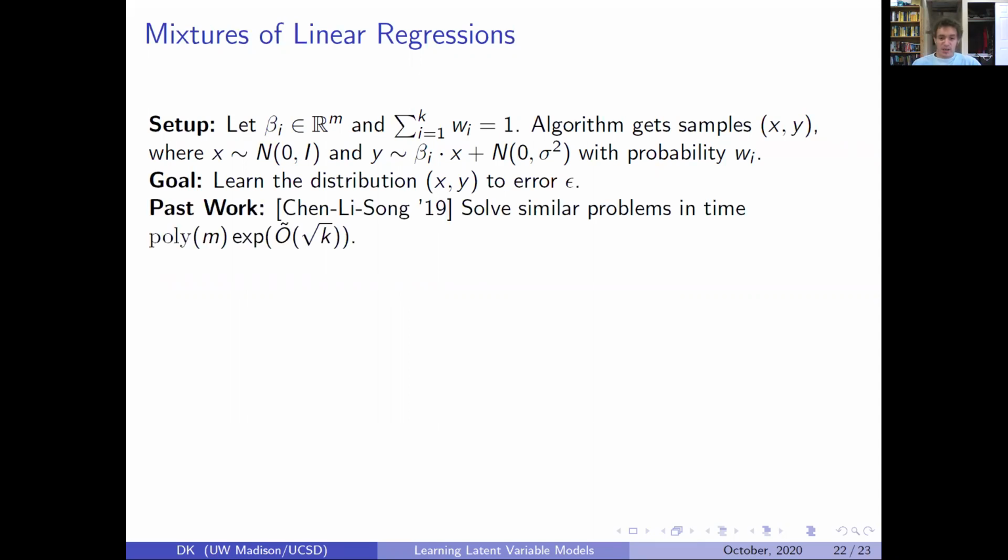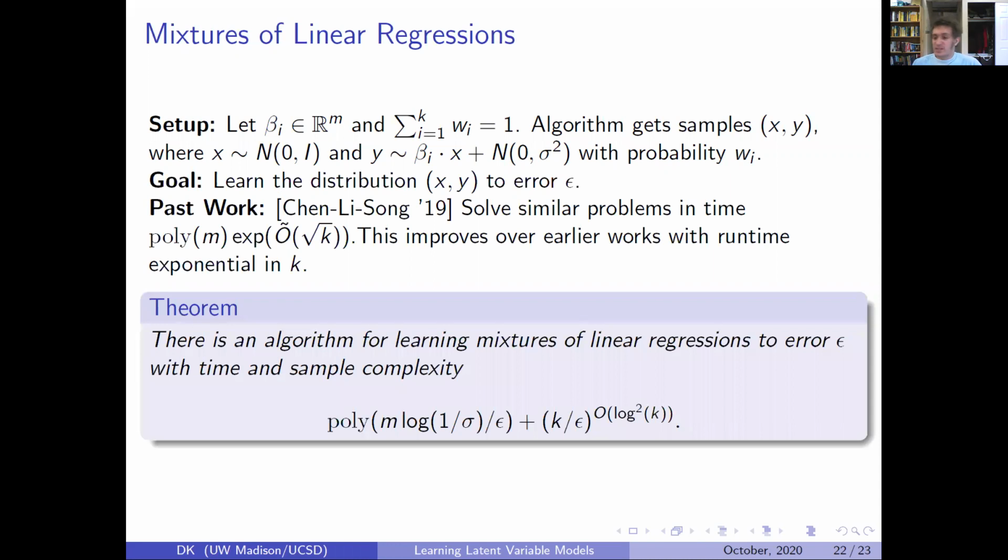There was some recent work on this. Chen, Li, and Song solved a similar problem in time exponential in square root log k. This improved on previous works that had runtimes exponential in k. However, we do substantially better. We have an algorithm with runtime basically quasi-polynomial in the parameters.